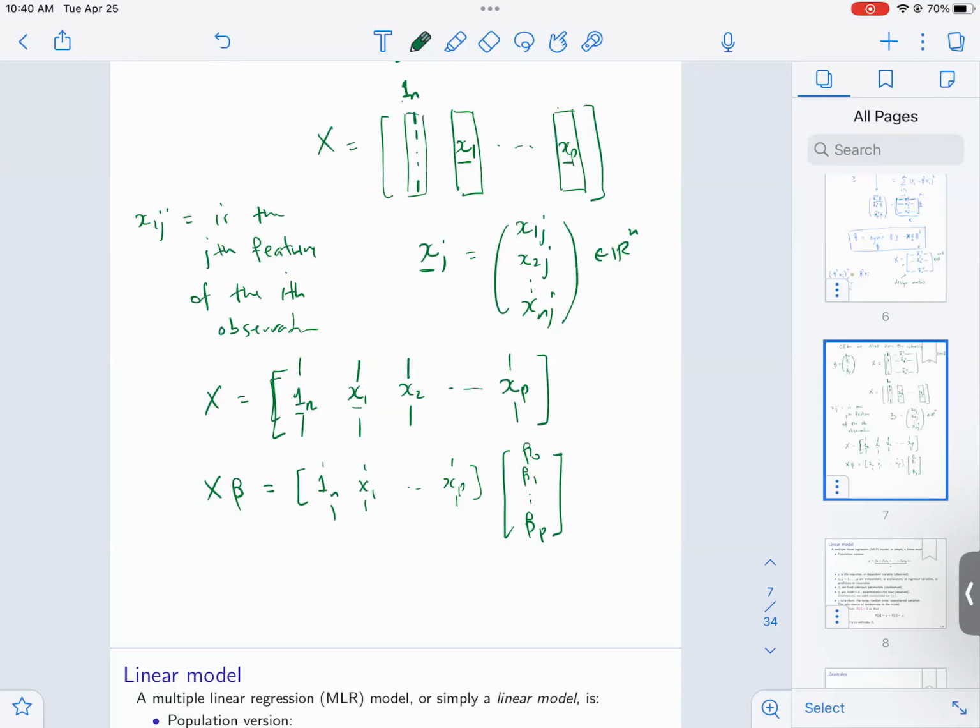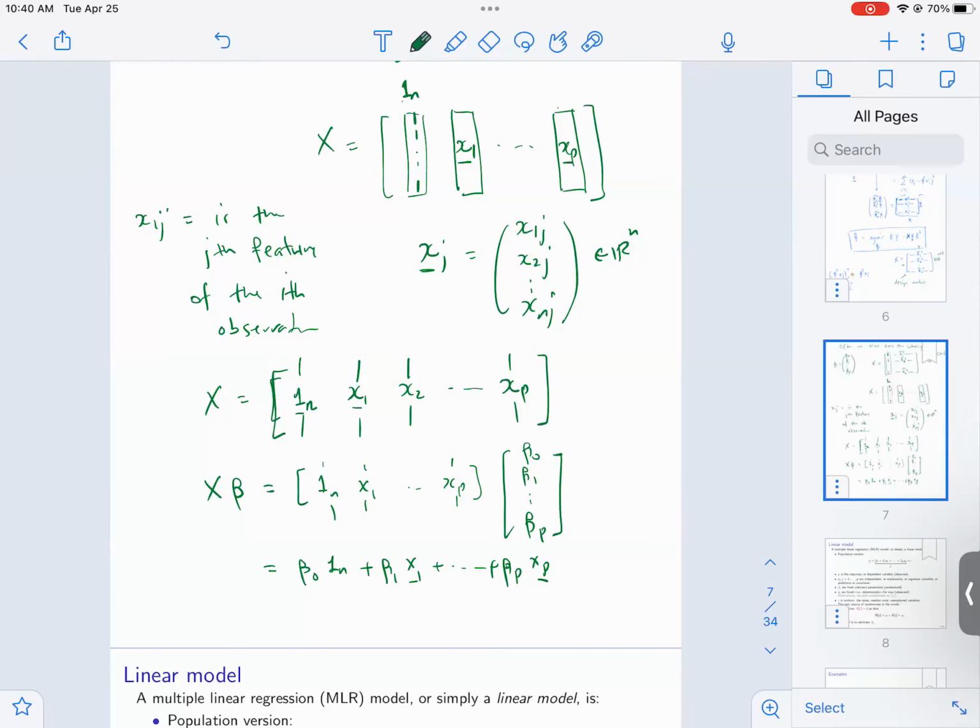Anyone remembers how to do this? Beta 1 times the first column. That's 1. It's going to be beta 0 times this, plus beta 1 times x1, and so on, up to beta p times xp. So does this remind you of something that we discussed?